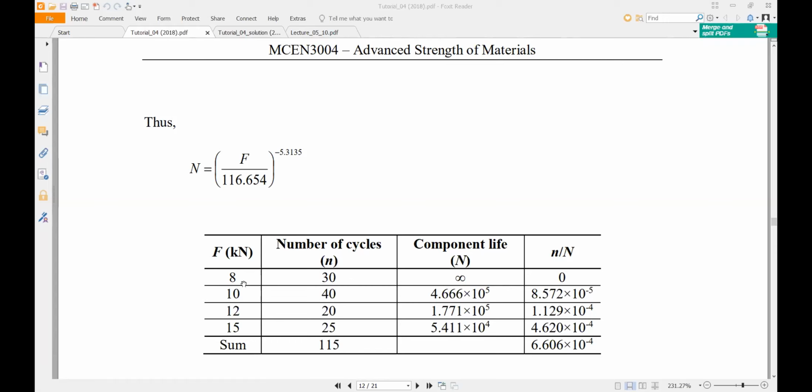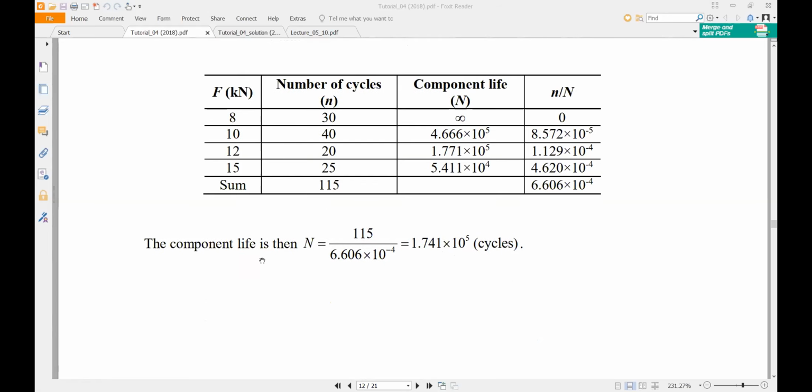Above 8.3 or so, there was some value, and above that value it will affect the component lifetime. So this equation is valid above 8.36. You can use those values to calculate the capital N, then get the ratio between these two and get the summation.